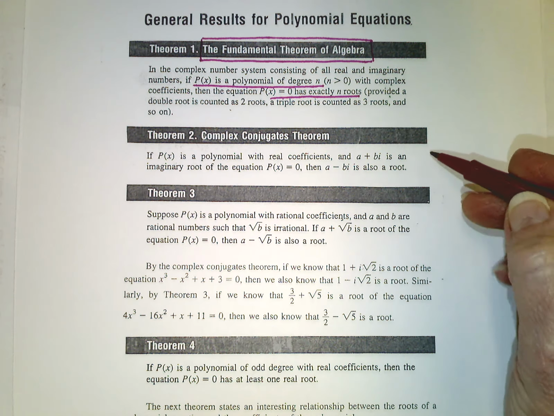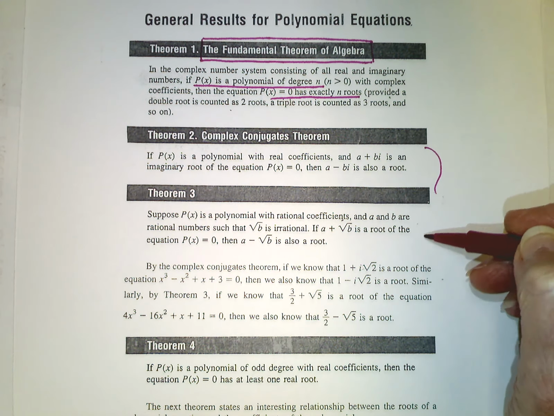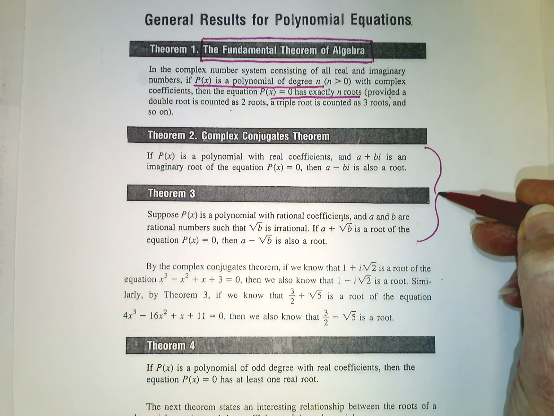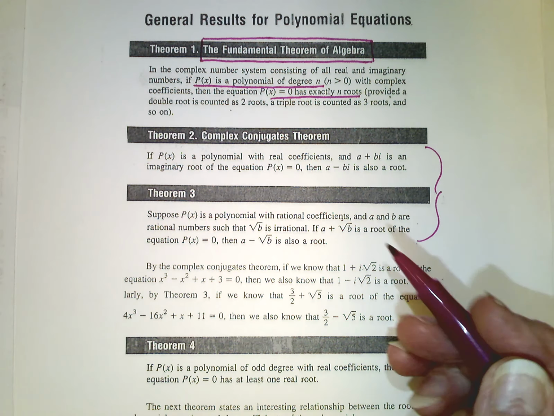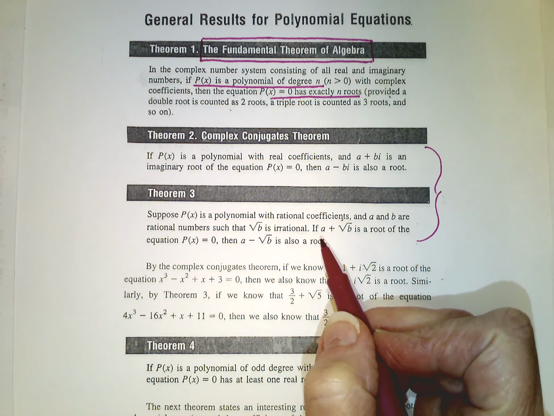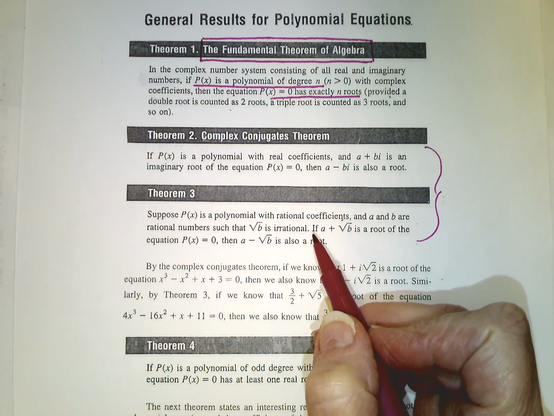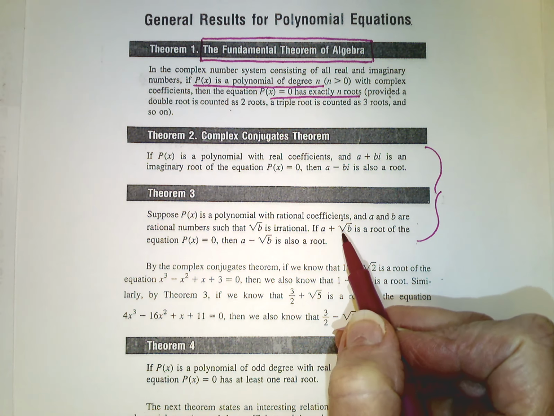The next two go together, and in some textbooks they're listed that way. These are what they call the conjugate theorems, because we're working with square roots.